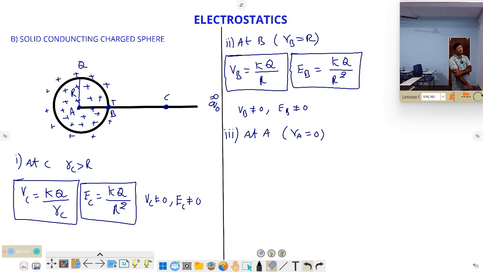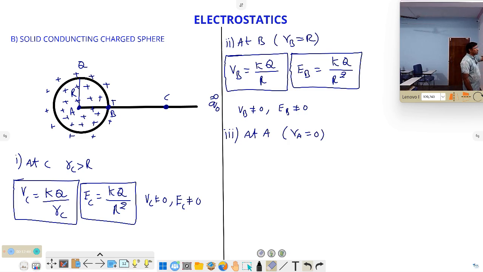But what is the concept here? Even if charges are present inside the conductor, the net field is 0, because the electric field inside any conductor is always 0, as we already discussed. There are charges inside, but the electric field inside is 0.